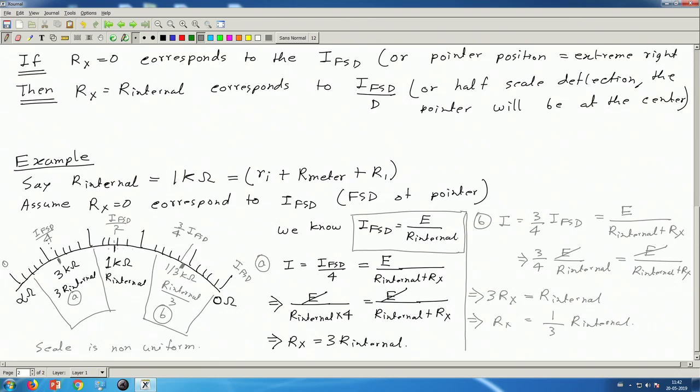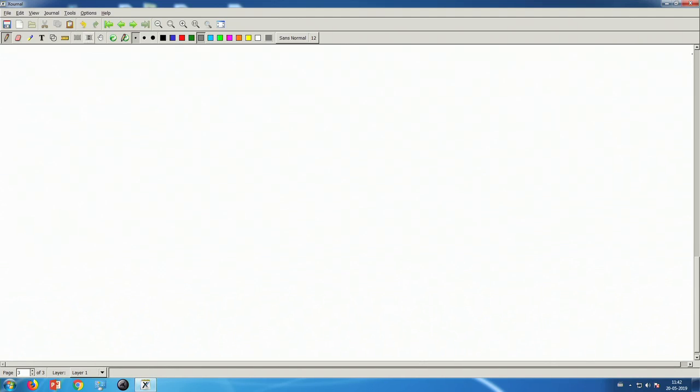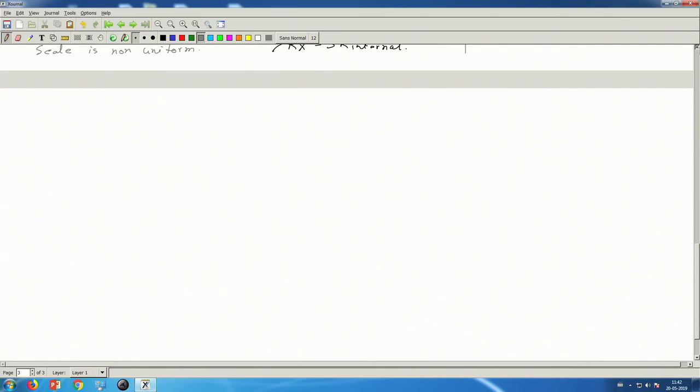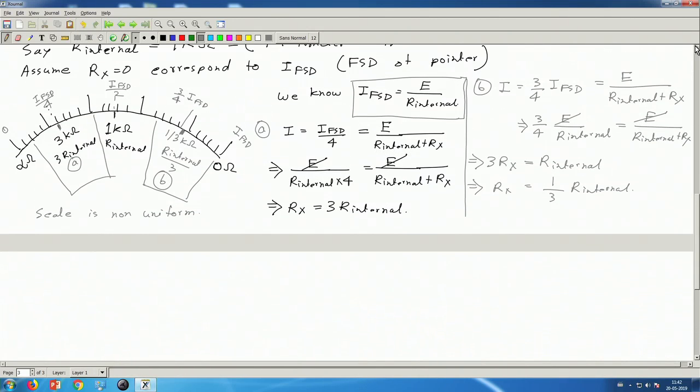Then here I have 1/3 kilo ohm to 3 kilo ohm. Here I have everything from 3 kilo ohm to infinite. Okay. So now the next question we will ask is this. Let me copy this diagram.